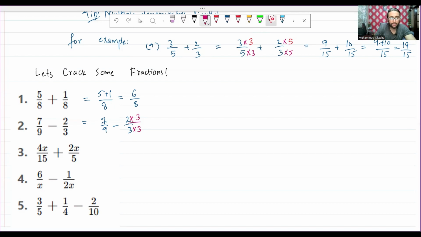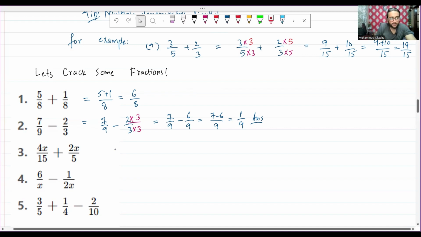Do not go on to multiply the other fraction with it, because we're only operating on the second fraction while we're doing this. So 7 divided by 9 minus 6 divided by 9, which you write as a single denominator, which is 9. 7 minus 6 is 1 divided by 9. That is your answer, ladies and gentlemen.